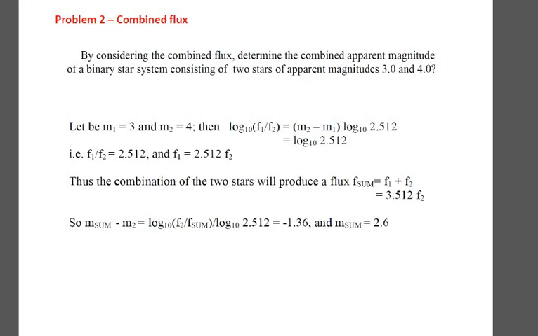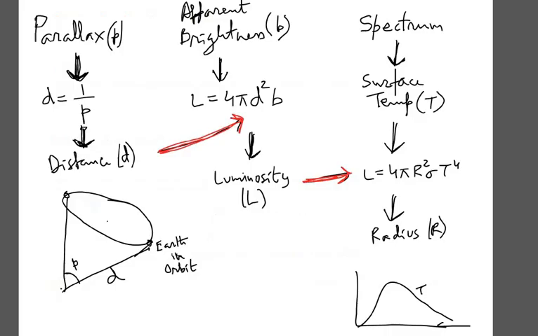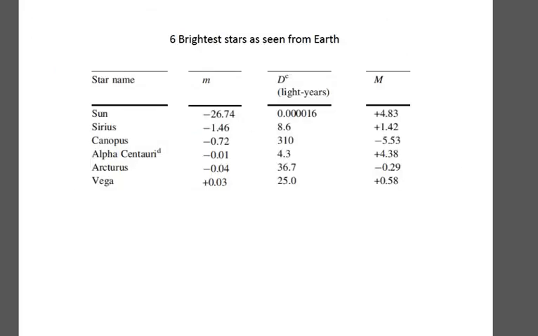And so finally we have a combined apparent magnitude of 2.6. See, the value is lower, so it is more bright. Yes, this is more bright, lower value.